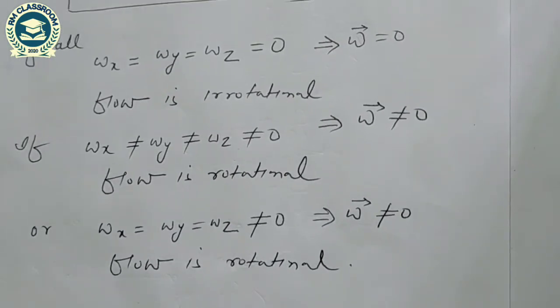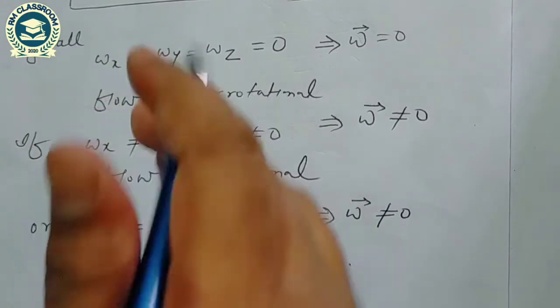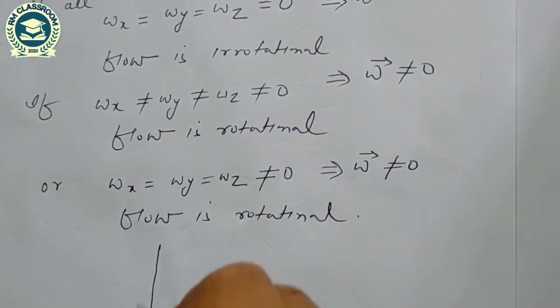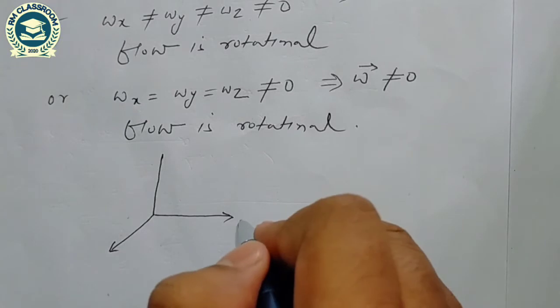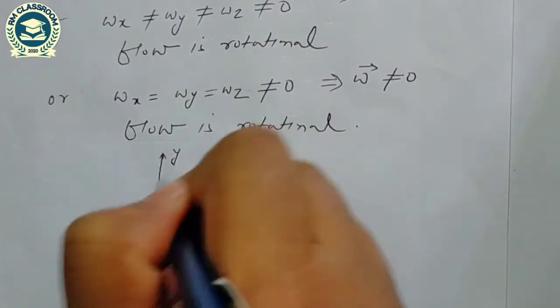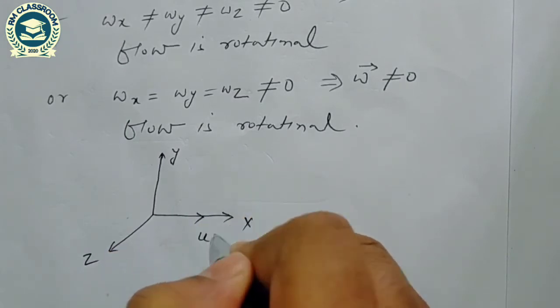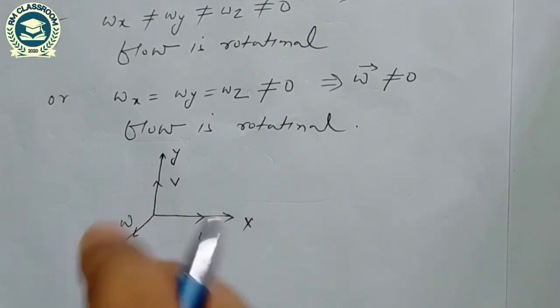So we have seen the expression of rotational component in x, y and z direction. For memory purpose, if you memorize how to write the expression of omega x, omega y and omega z. So this is our x direction, y direction and z direction. We know the velocity component in x, y and z direction.